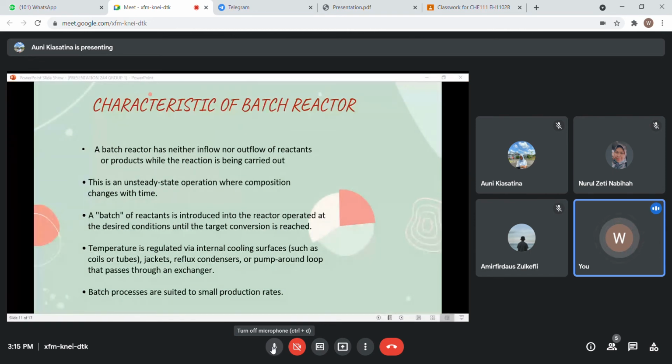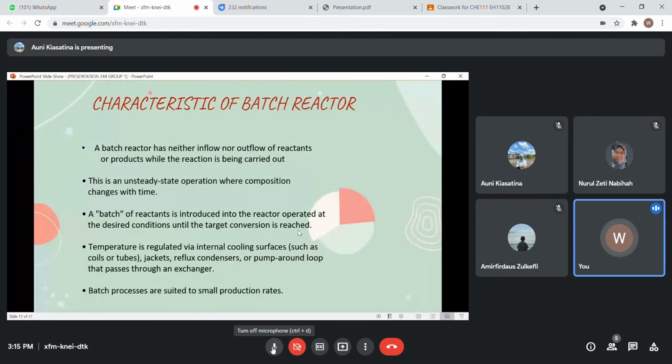Characteristics of a batch reactor. A batch reactor has neither inflow nor outflow of reactants or products while the reaction is being carried out. This is an unsteady state operation where composition changes with time. A batch of reactant is introduced into the reactor and operated at the desired condition until the target conversion is reached.